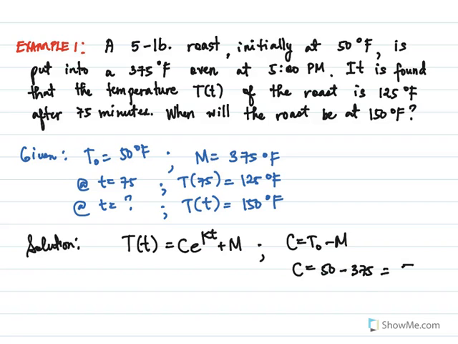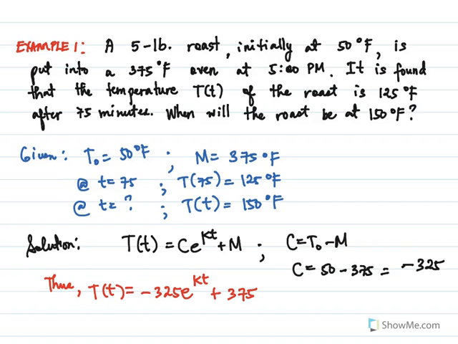So that's just negative 325. Thus, your T of t is negative 325 e raised to kt plus m, which is 375.